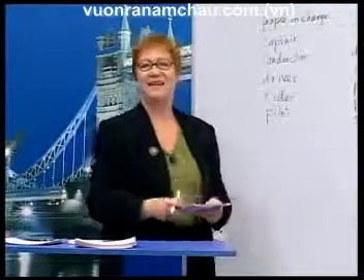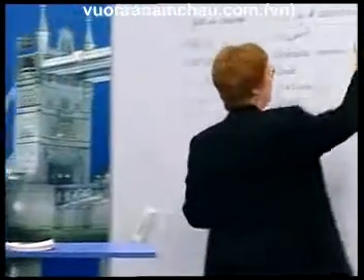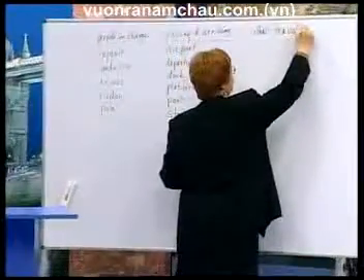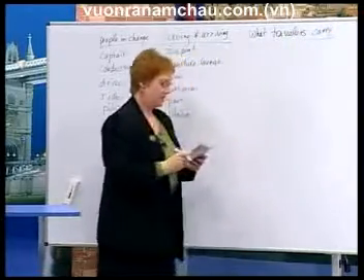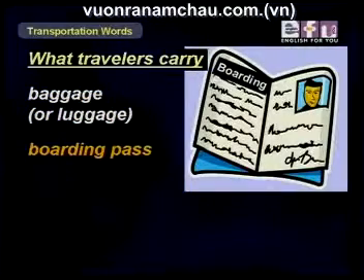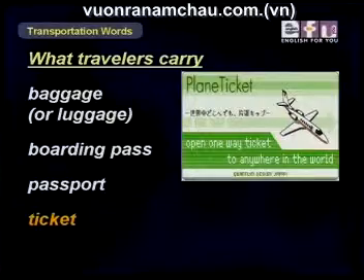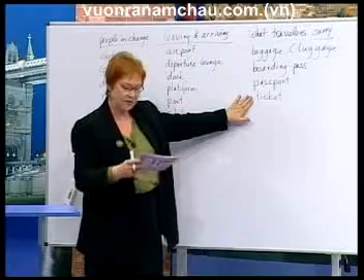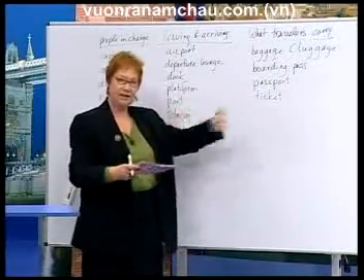Okay, now, the next group is what travelers carry. Okay, now, we have baggage, a boarding pass, a passport, and ticket. Now, when we buy a ticket to travel, we can buy a single ticket or a return ticket.